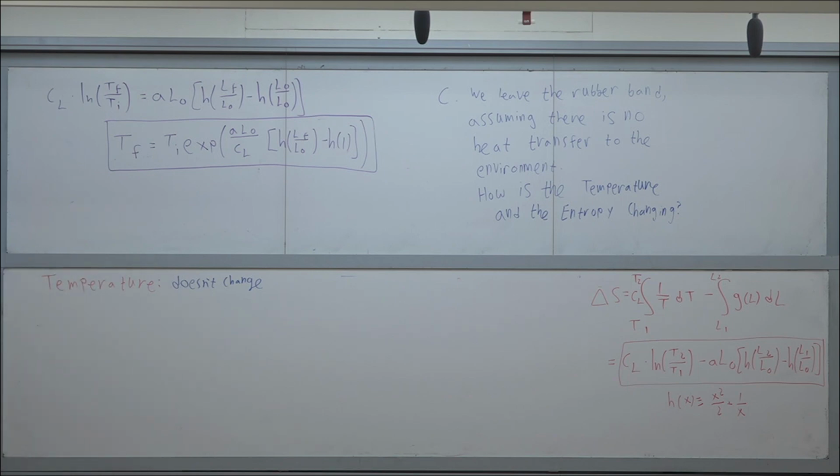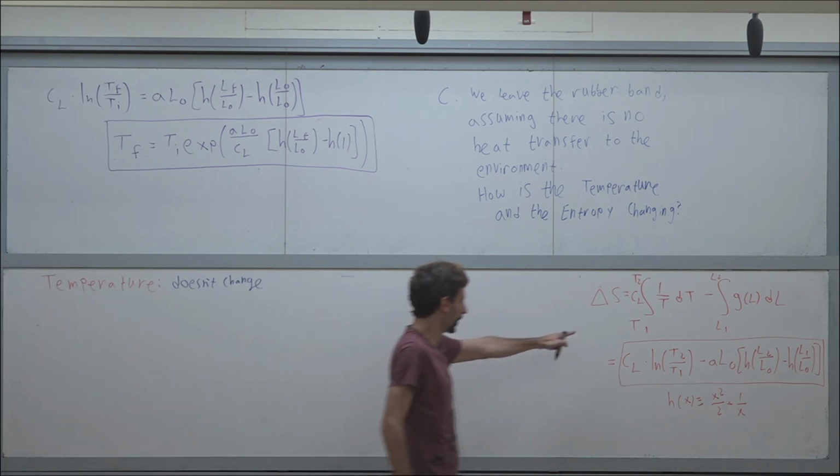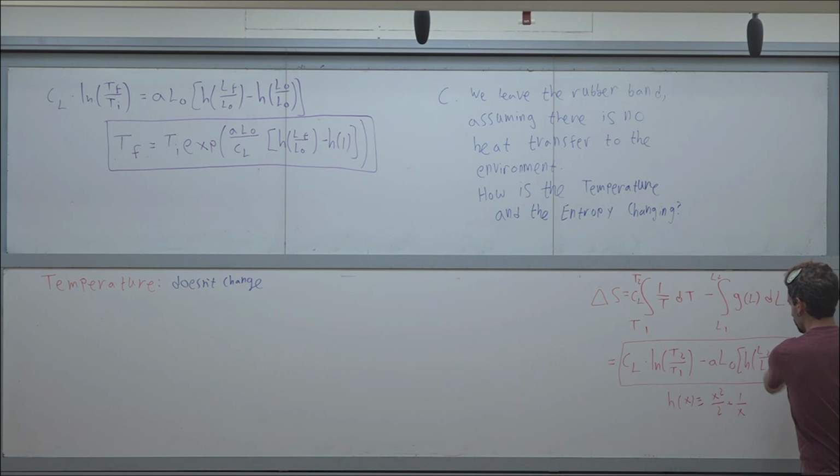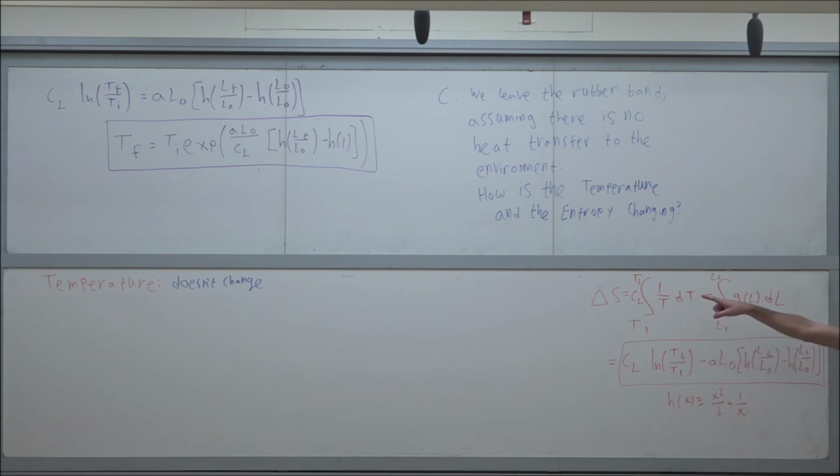So for the entropy, if you look at the solution we got earlier, now we just need to plug in the different parameters. Now T1 and T2 are the same because the temperature is not changing. And we need to switch between L2 and L1, because our starting position was L2, the stretched position, and we finish in L0, the loose position.